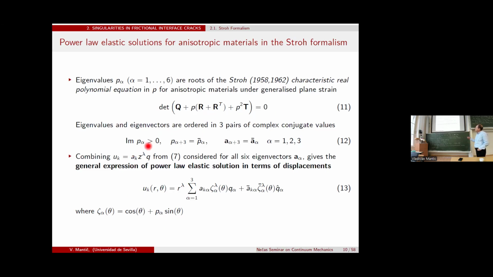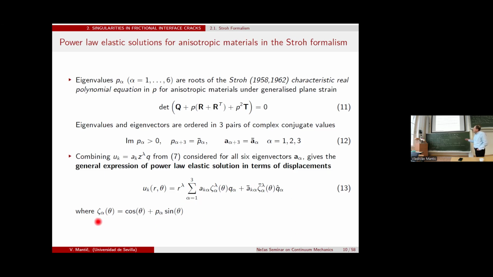We order them in the way that the first 3 have positive imaginary part, and then the associated 6 eigenvectors, which we also arrange in this way. If we combine all these 6 eigenvalues and eigenvectors, we can obtain the general representation of any power law solution near a singular point in displacement.